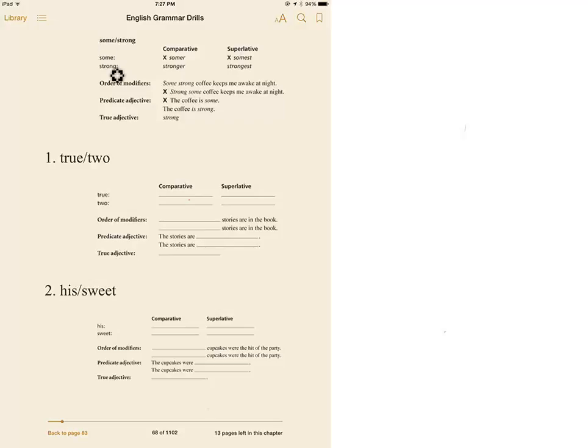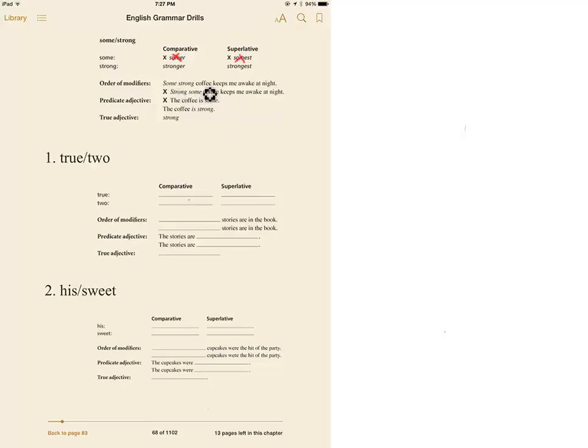So some and strong. Some, the comparative form would be "somer" and "somest." Obviously, those don't make sense, so we cross them out. That is not a true adjective. Strong, stronger, strongest. You can use it in the comparative form and the superlative form. So strong is a true adjective. Then the order of modifiers. I have to put these in the order that they come in. Some strong coffee keeps me awake at night. But I could not say strong some coffee keeps me awake at night.